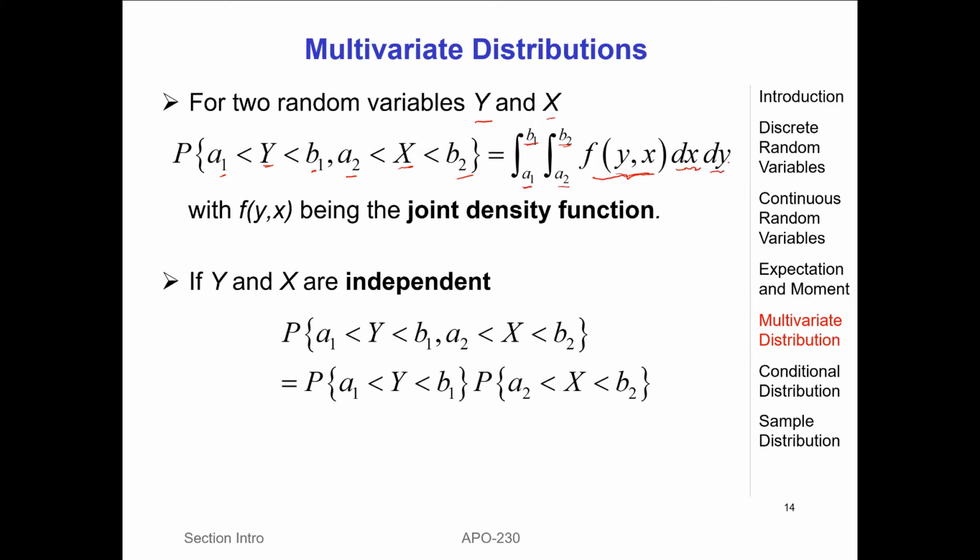So f with two letters, y and x, is now the joint density function, of course. This is the case where you have only two variables considered at a time, but that can also be expanded to many more random variables, like 3, 4, 5. Then you can simply add integrals and then the dz, for example, at the end.